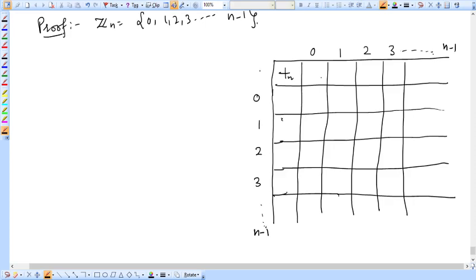If you add 0 and 0 under addition modulo n, you are going to get 0 again, right? And here also, let me change this table one second. Okay, now it's looking fine. Let me erase this also.